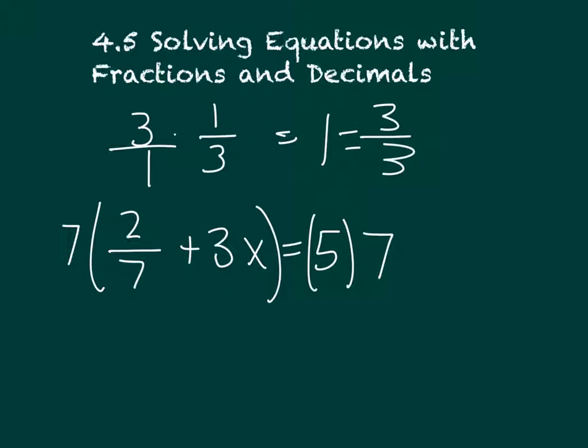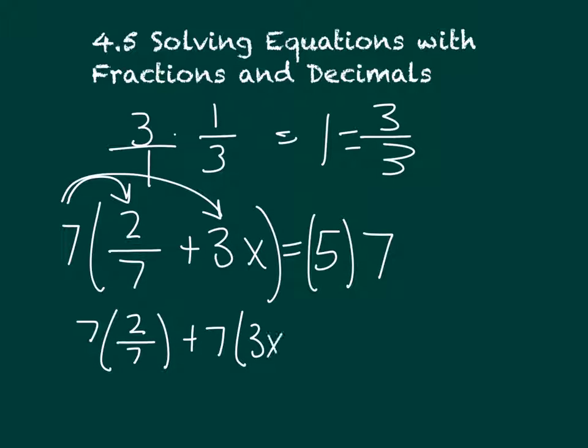Now when I multiply the left side by 7, I need to distribute this 7. So I'm going to distribute it to the 2/7 and to the 3x. I get 7 times 2/7 plus 7 times 3x is equal to, now we know that 7 times 5 is 35.